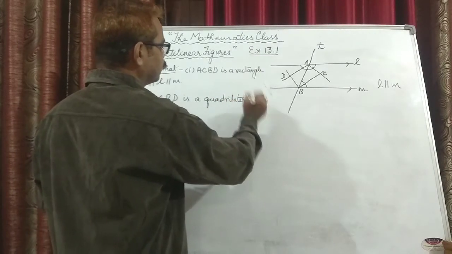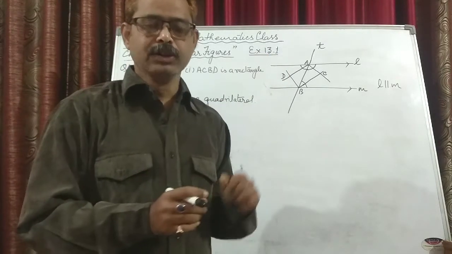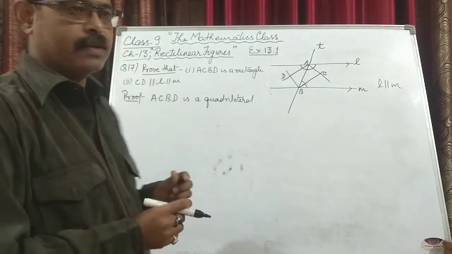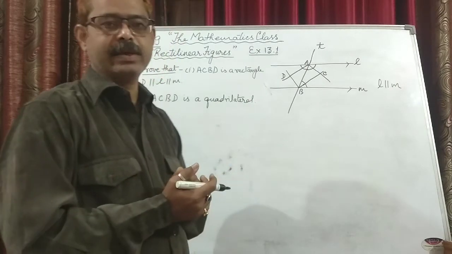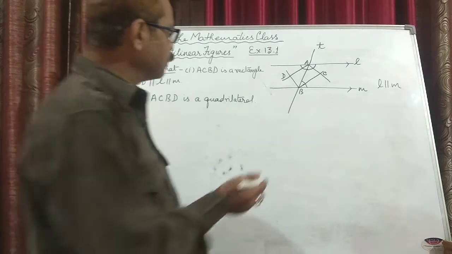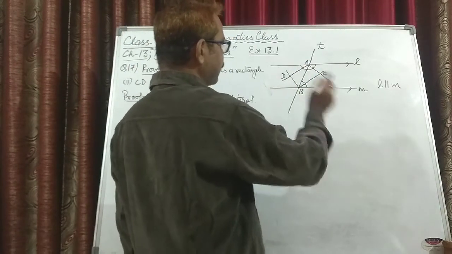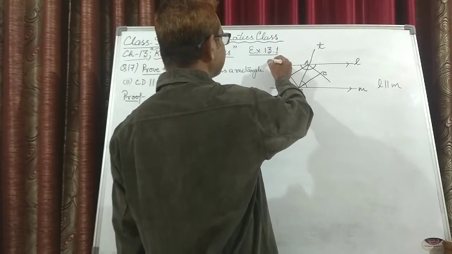We have to prove that it is a rectangle. So we know that if in a quadrilateral we prove that all the angles are 90 degrees, then it becomes a rectangle.